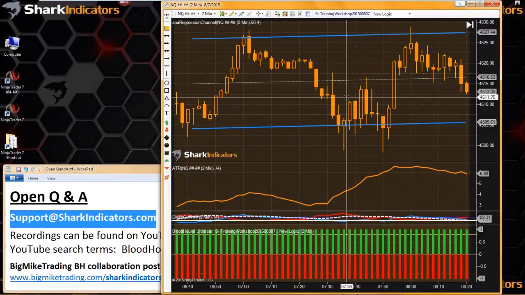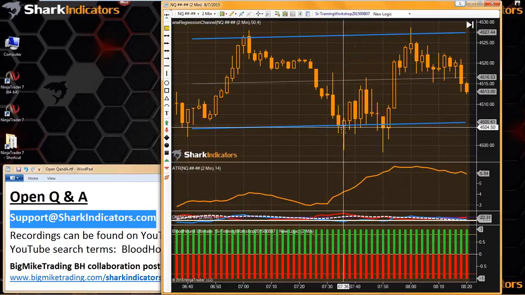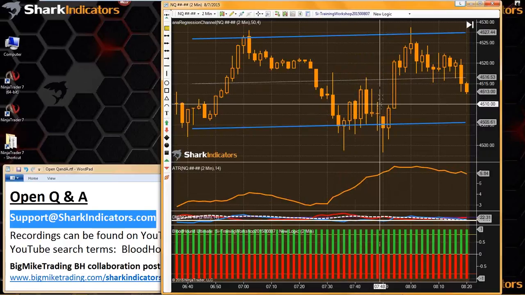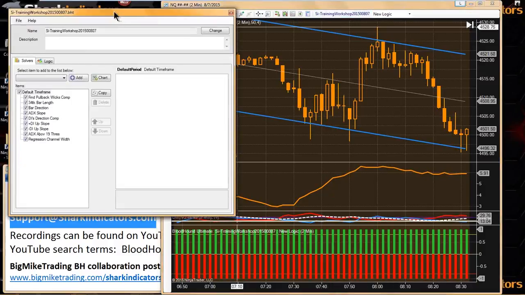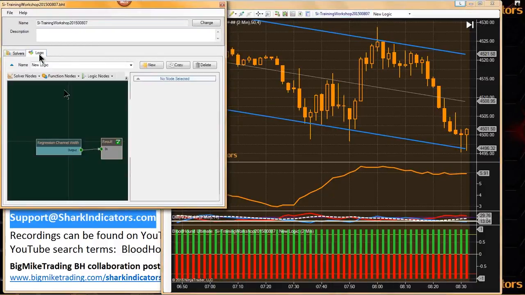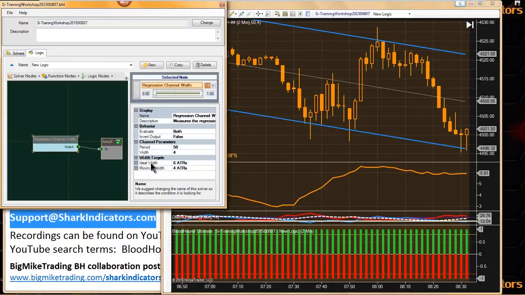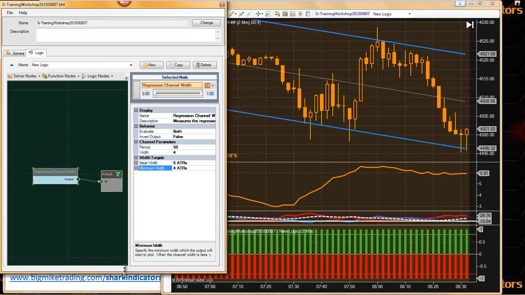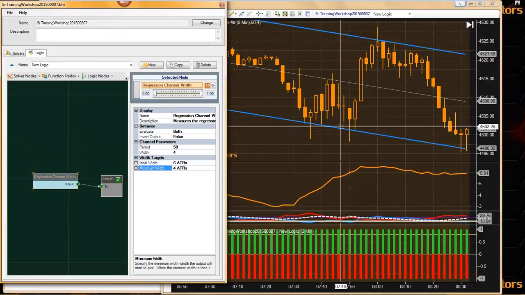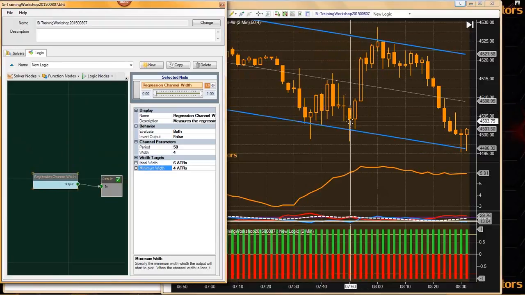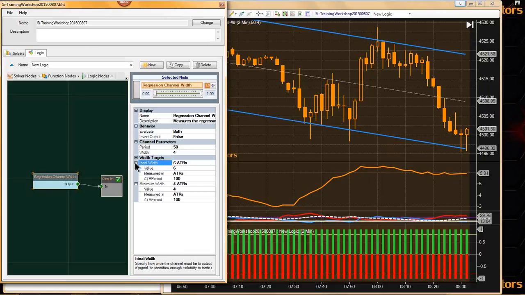So you can see the ATR is adjusting for the volatility of the candle bars. So using an ATR in the channel width setting kind of auto-adjusts the width of the channel to how volatile the market is. That's the purpose of this ATR option.